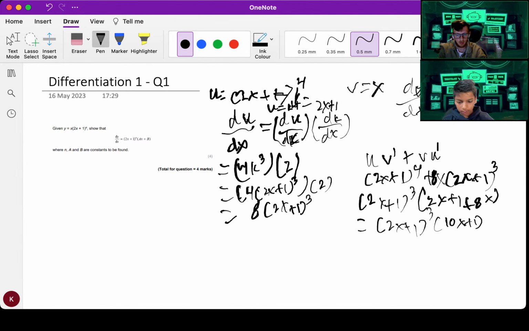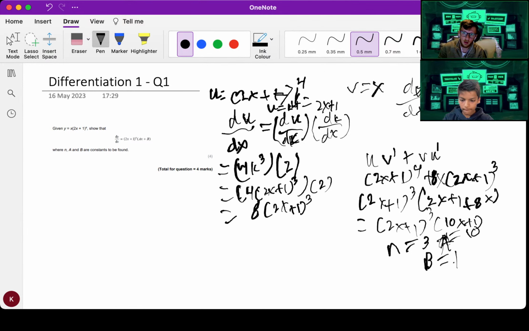So what are the values of n, a and b? n is 3, a is 10, and b is equal to 1.